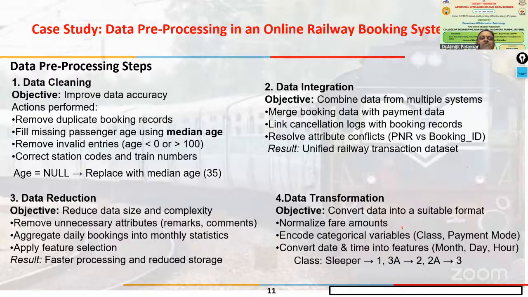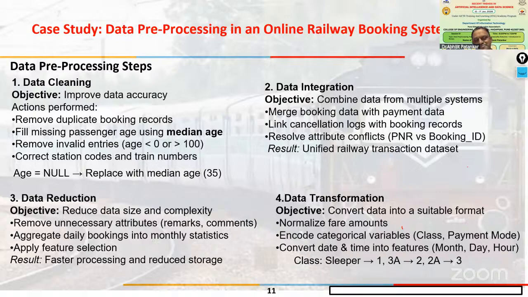Whatever PNR value we are entering, we need to check what the booking ID is. And unified railway transaction data sets, that data set we need to generate with multiple integration of different data sets, like different log values we need to merge and use.